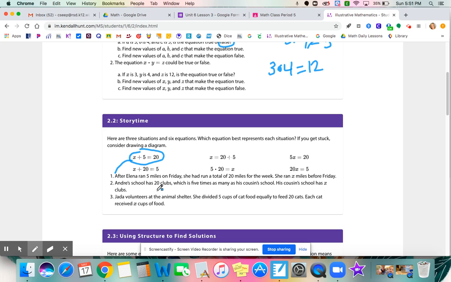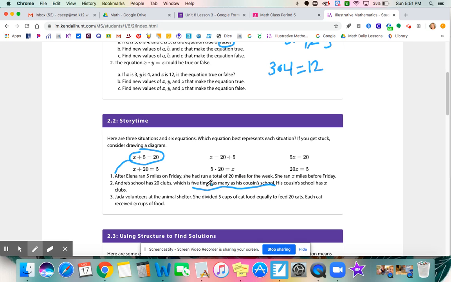Andre's school has 20 clubs, which is 5 times as many clubs as his cousin's school. His cousin's school has X clubs. So I had to think about this one in that he has 5 times as many as his cousin's school. So I'm going to pretend, okay, let's say my cousin has 5 clubs. 5 times as many would be 25.